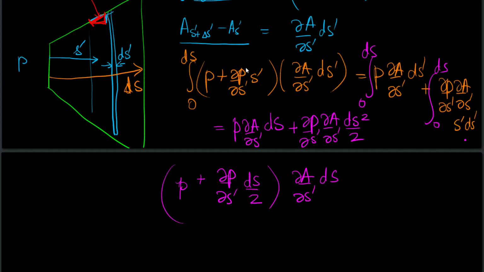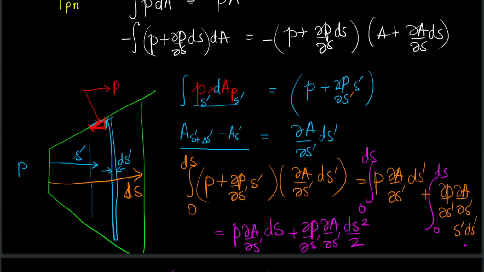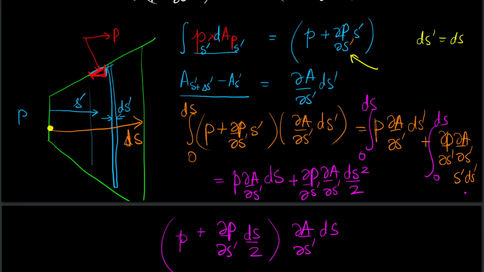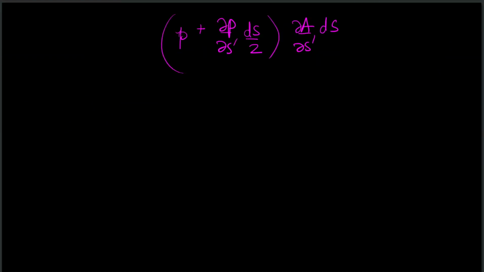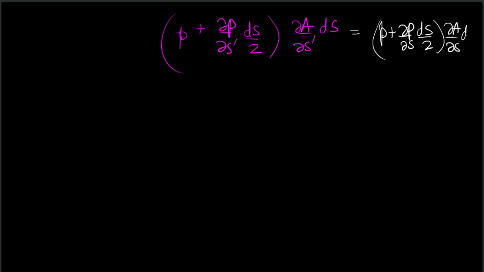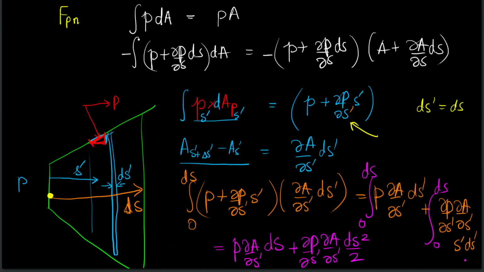And look, when we write it down using the Taylor series, ∂p/∂s′ and all these terms are actually evaluated at this point, and ds′ and ds are the same because it's simply the same coordinate system. All right, there is no offset or scaling of the coordinate system. So the force becomes (p + ∂p/∂s ds/2) times ∂A/∂s times ds. So this is the rigorous derivation of the force acting on the slant face.